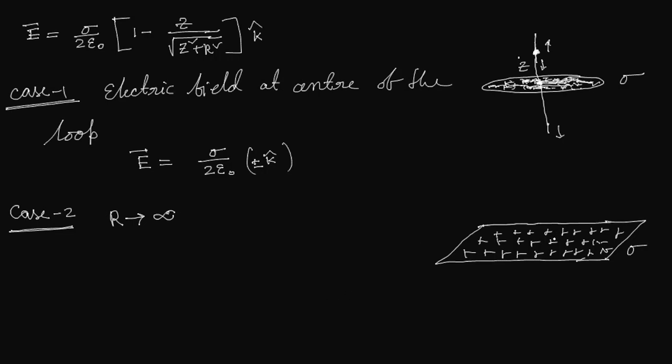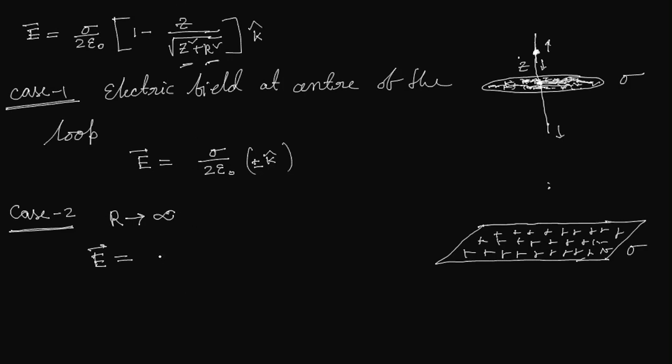So what will be the electric field above the plane and below the plane? If it is infinitely long, then at any point on the axis the electric field lines will be parallel, as we'll see later when we discuss the concept of electric field lines. So in this case the electric field will be independent of z. If r tends to infinity, this term will give you 0.